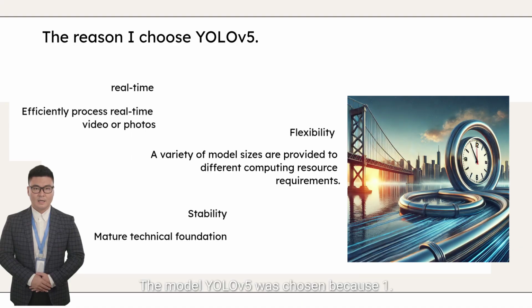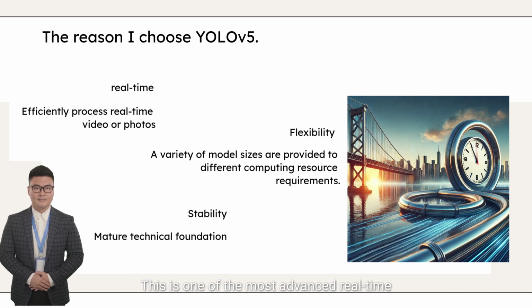The model YOLOv5 was chosen because, 1. Flexibility. YOLOv5 provides various model size options, such as YOLOv5N, YOLOv5S, YOLOv5M, etc., and users can choose the appropriate model according to their application needs.